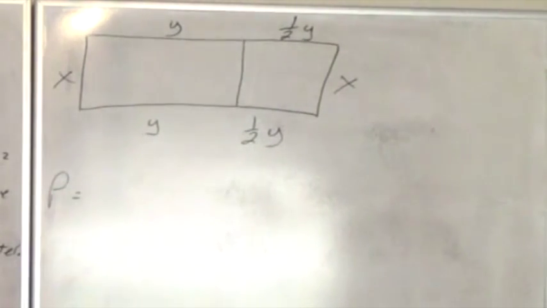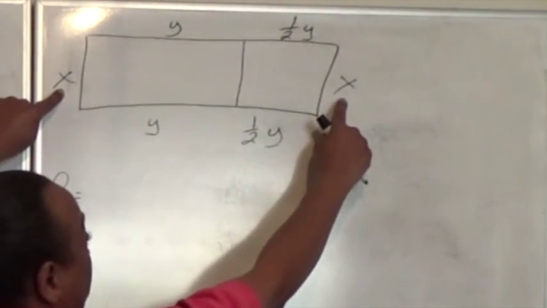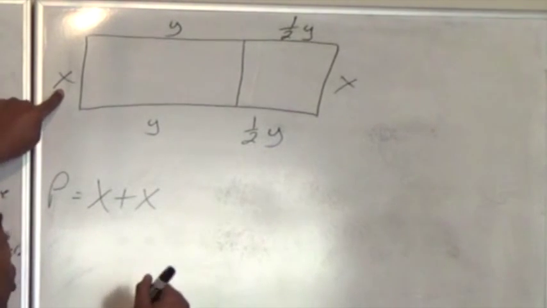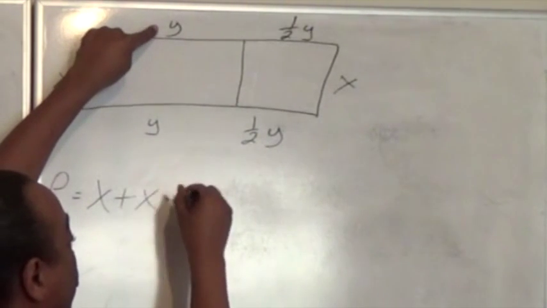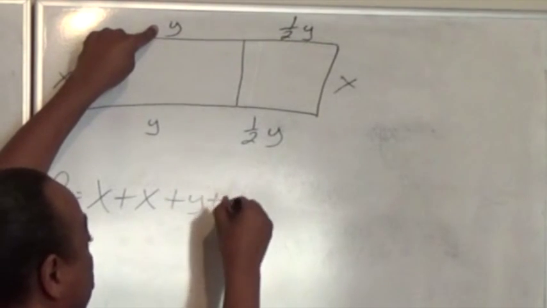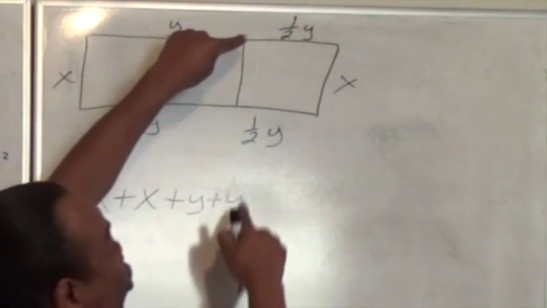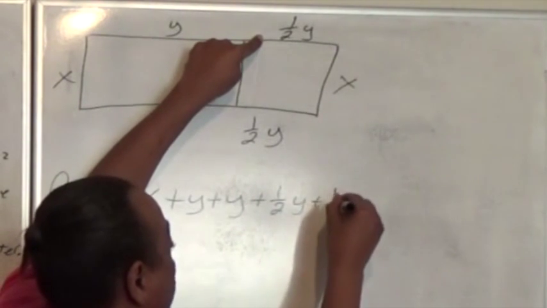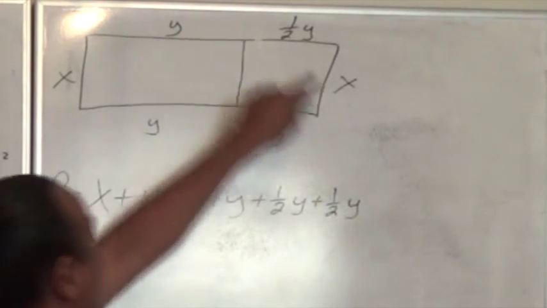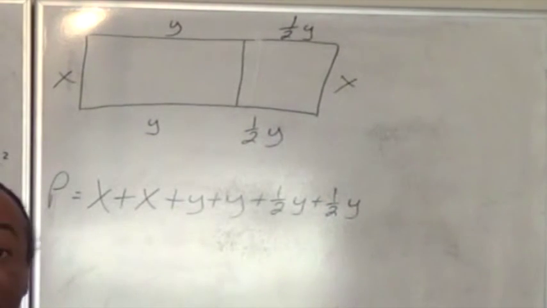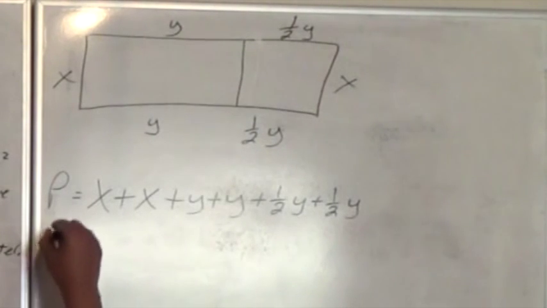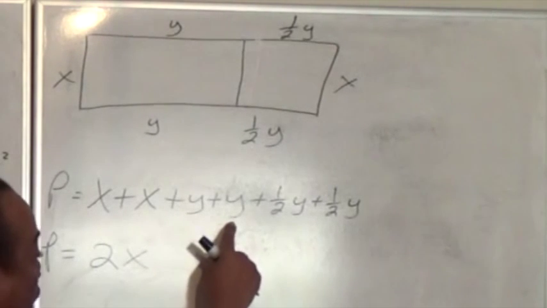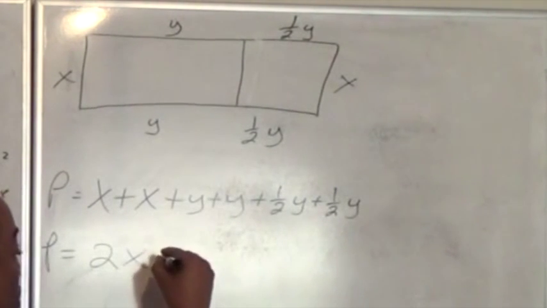My perimeter will be made out of a total of 2 X's on this side here, so X plus X. It will also be made out of a total of 2 Y's, so Y plus Y. And it will be made out of a total of 2 half Y's, so plus half Y plus 1/2 Y. I want to simplify this: the perimeter is made out of 2X, 2 Y's plus another Y. That makes a total of 3 Y's.